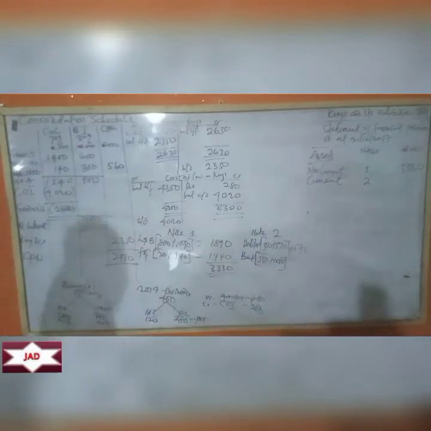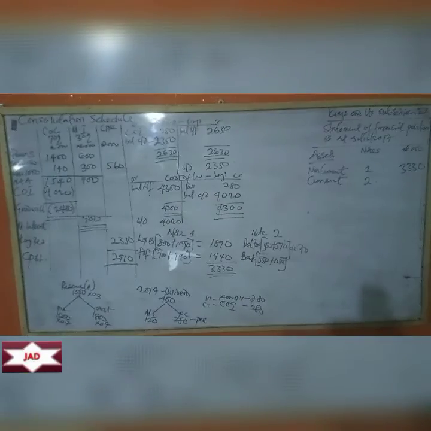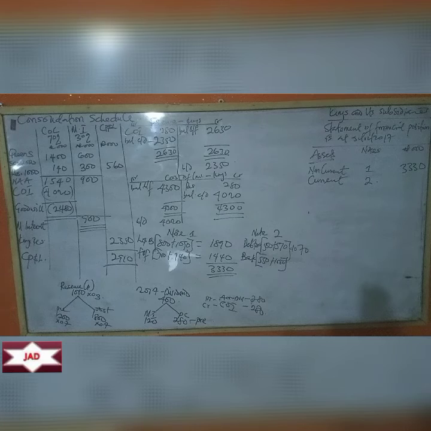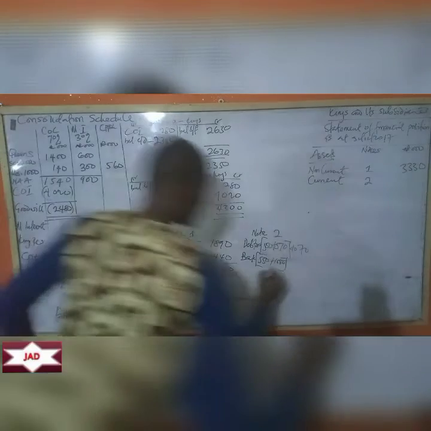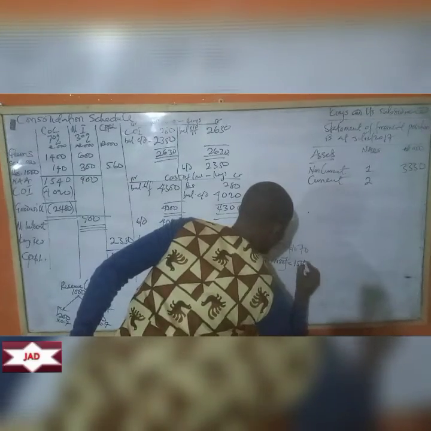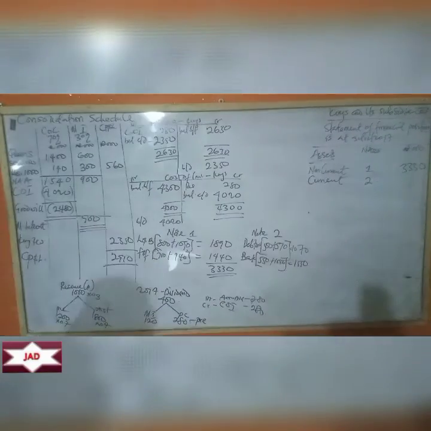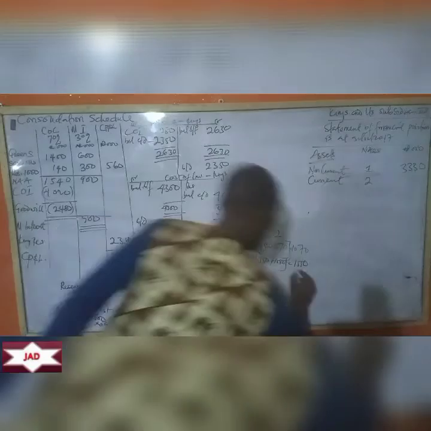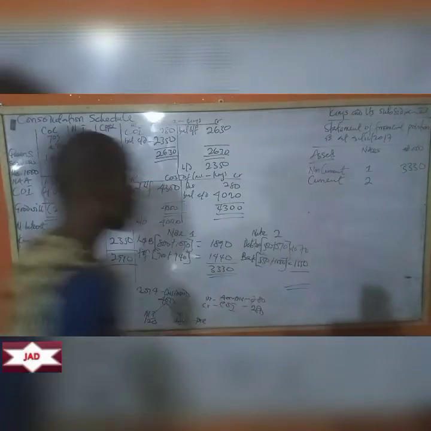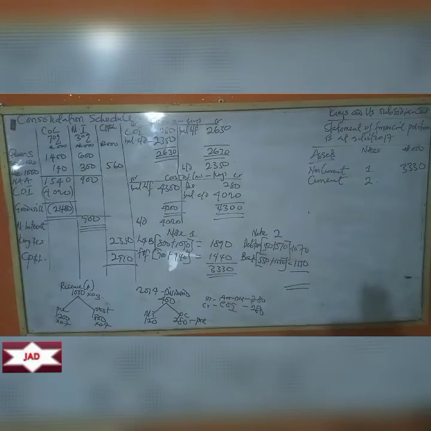So what do we have? 550 plus 1 million, 1550. Any other item there? No. So let's add up here. 1070 plus 1550, 2620.